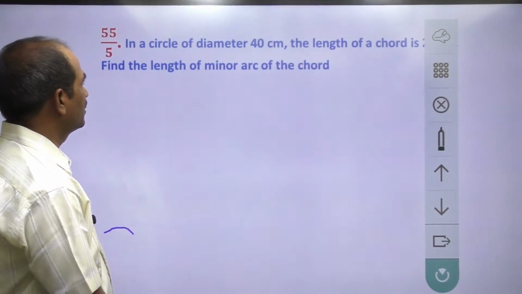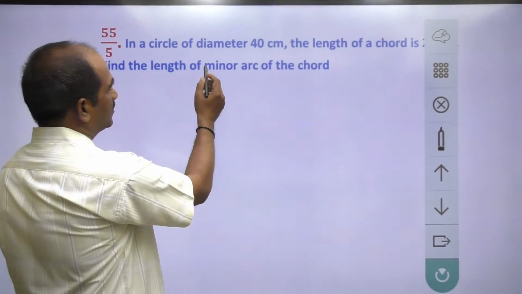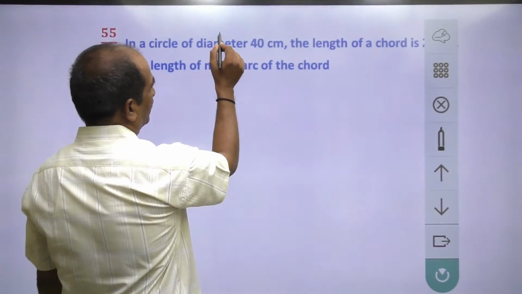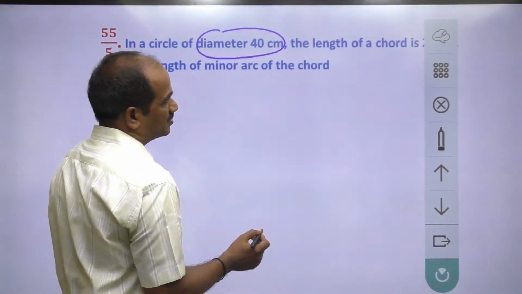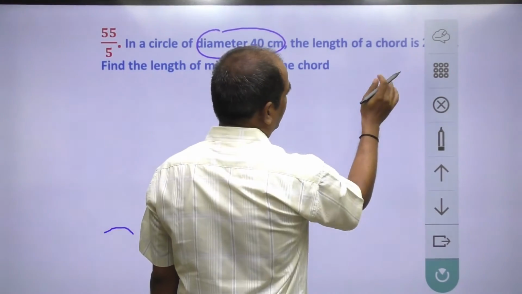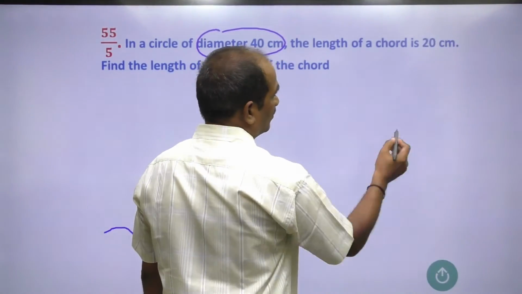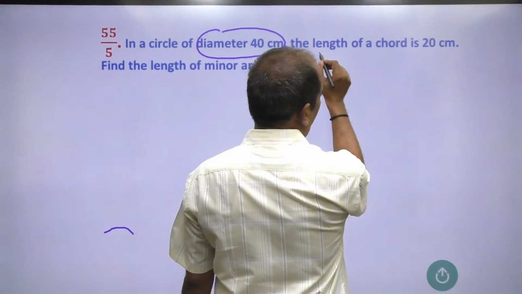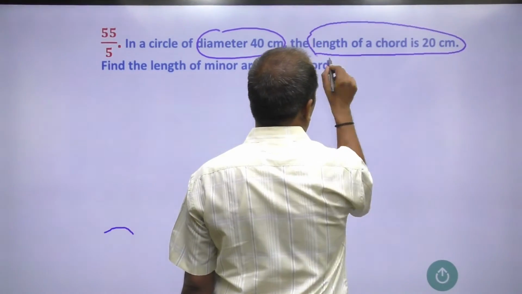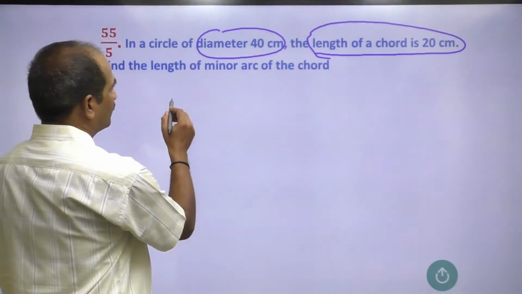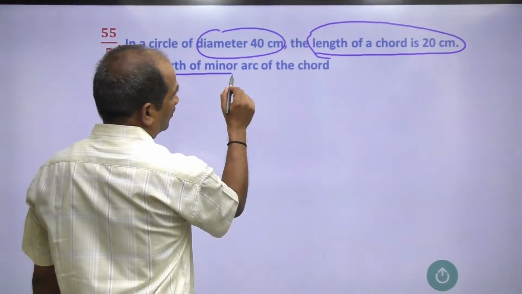In a circle of diameter 40 centimeters, the length of the chord is 20 centimeters. Find the length of the minor arc of the chord.